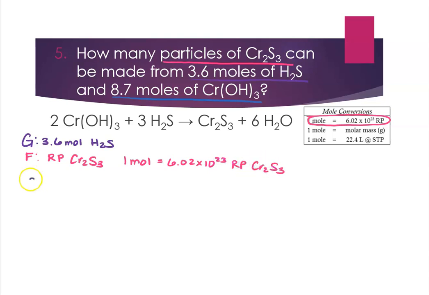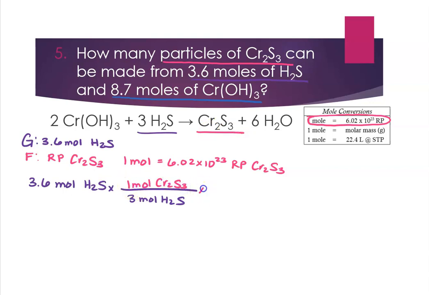So now we'll set up our problem. 3.6 moles of H2S times, all right, so since I'm already starting with moles, I can just go right to the mole ratio. So I have 3 moles H2S on the bottom, and I'm converting to Cr2S3, so 1 mole Cr2S3 on top.